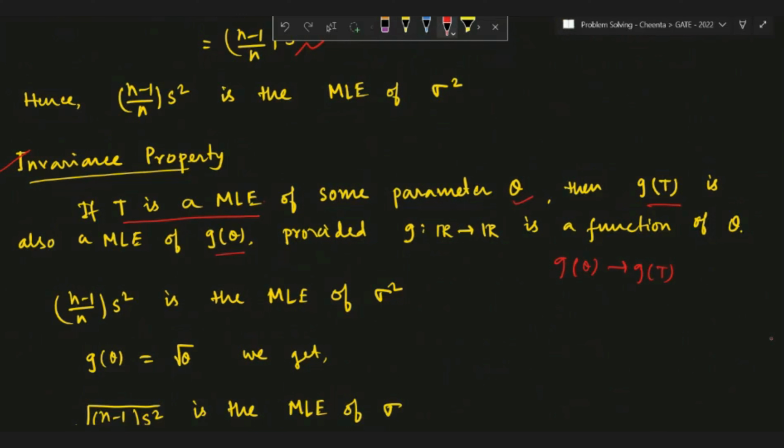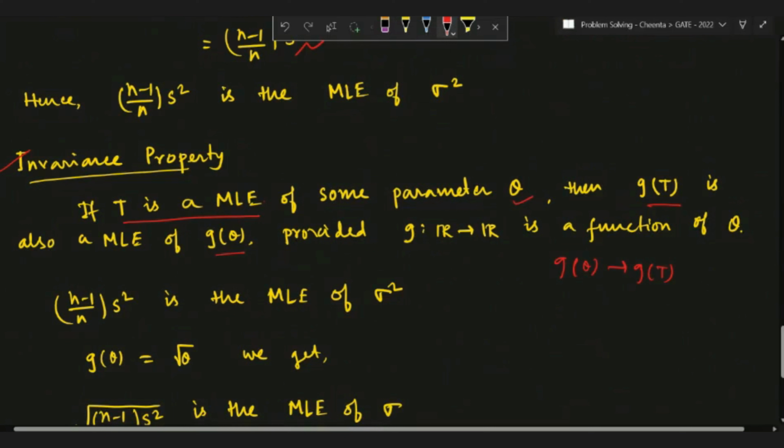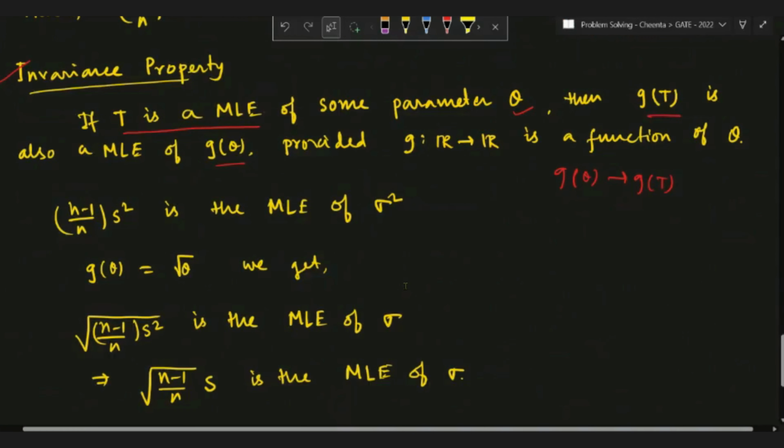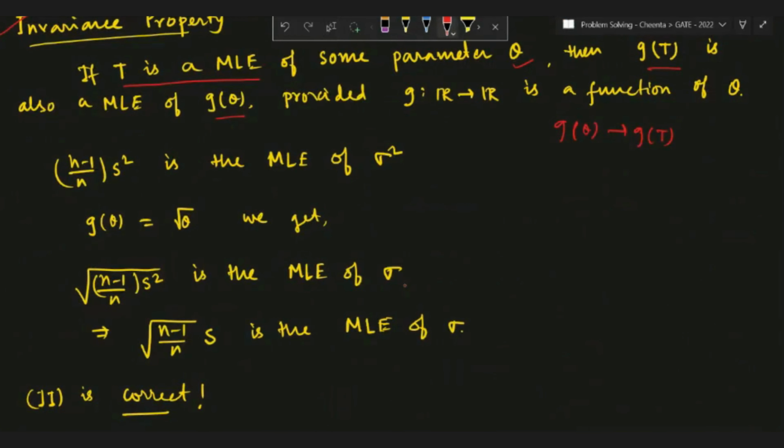So now we have (n minus 1) by n S square is the MLE of sigma square, and hence we take g(theta) as root theta, and it is a real valued function of theta. So here T is (n minus 1) by n S square, and root T is the MLE of sigma.